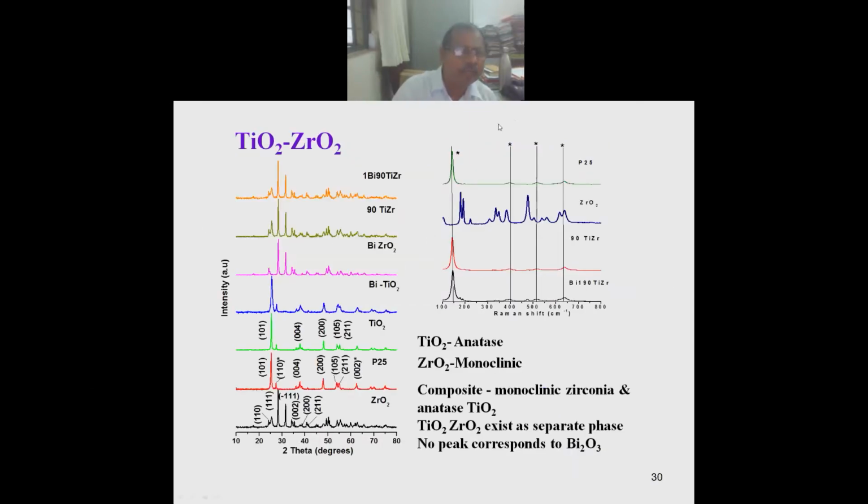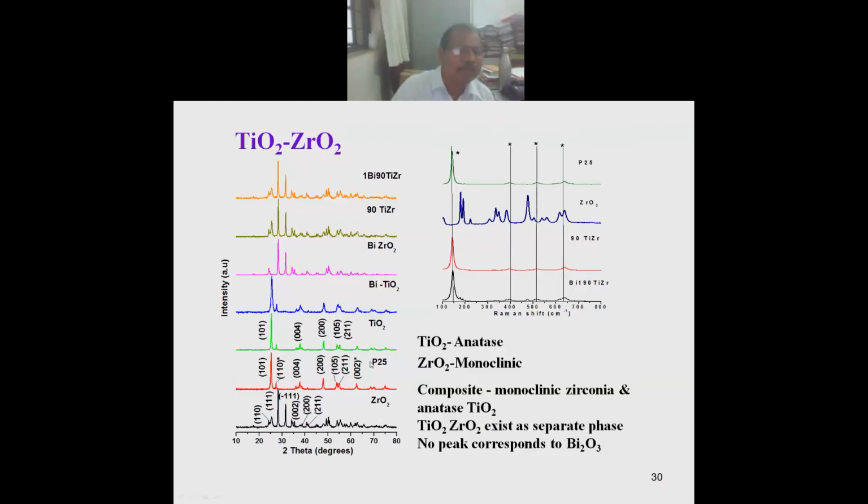And this is again the powder XRD pattern for the various catalysts developed. This is ZrO2, this is TiO2, this is bismuth doped TiO2 and bismuth ZrO2. This is 90 TiO2 ZrO2 and 1 atomic percent bismuth doped 90 ZrO2 TiO2.